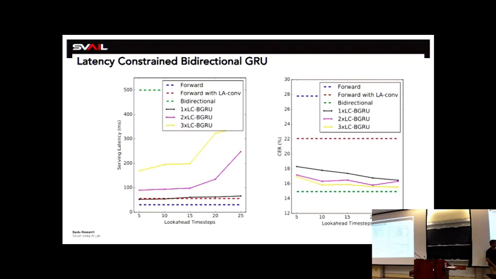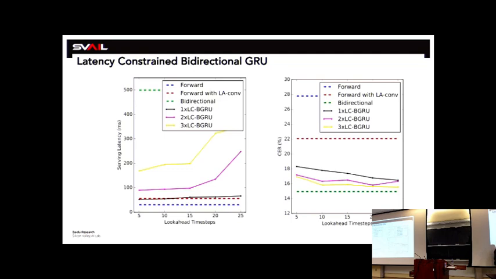You don't need to wait for anything. The one slightly above it, the red line, is the model with the look-ahead convolution. Here, you can do convolution, and by the nature of convolution, it's not sequential, and you can do all time steps in parallel, and that adds only a small amount of latency on top of it.